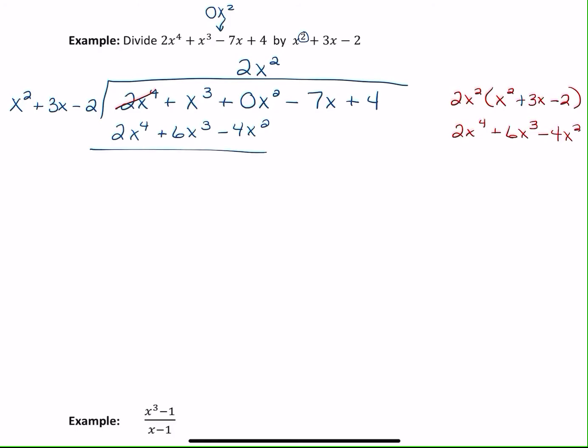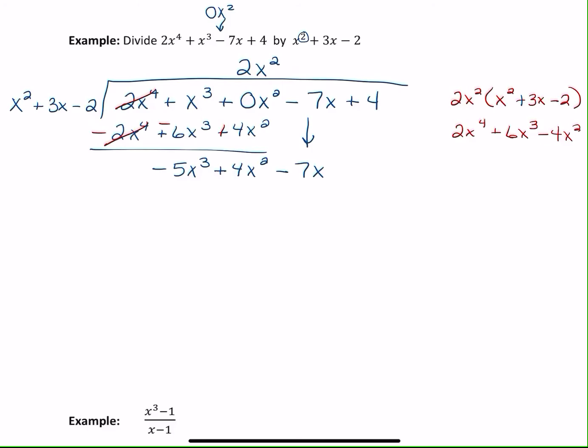And then when you subtract, that 2x to the fourth will cancel out, but I'll have negative 5x cubed plus 4x squared. Then I'll bring down the next term and start over again. What do I multiply x squared by to get negative 5x cubed?